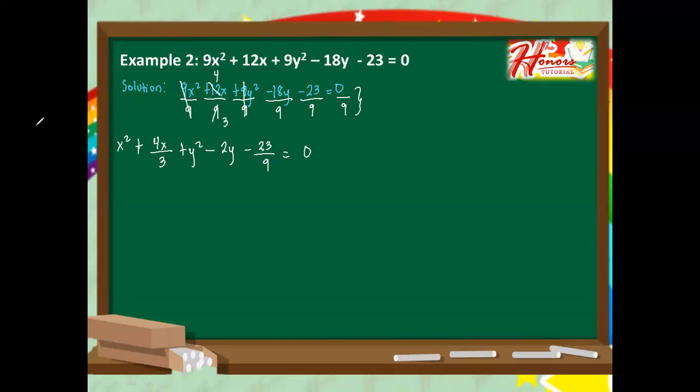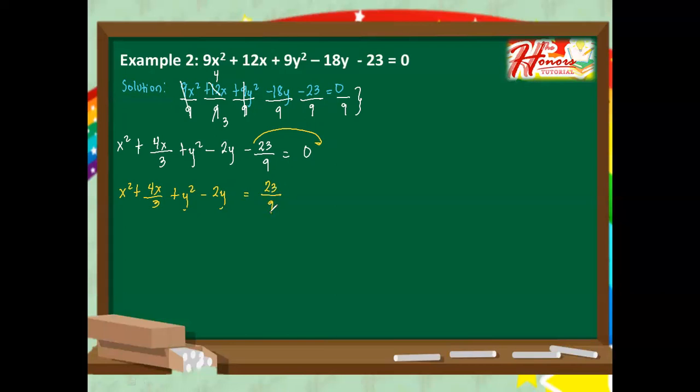Next, since we have here the constant negative 23 over 9, we have to transpose it to the right side of the equation. Remember what we did in part 1 of the video? This is the same process, but with a more complex example. So let's copy x squared plus 4x over 3 plus y squared minus 2y equals positive 23 over 9.